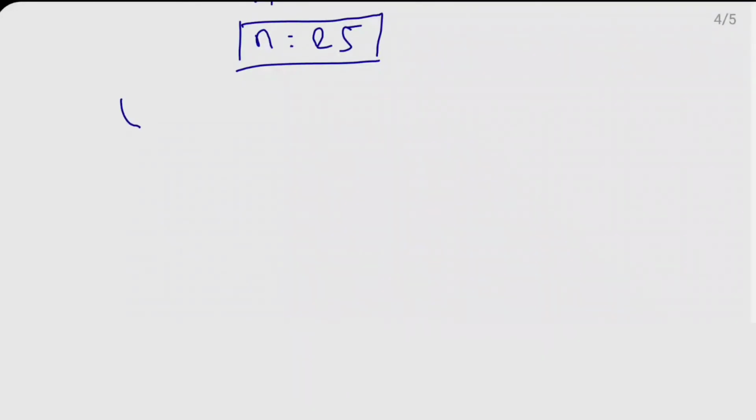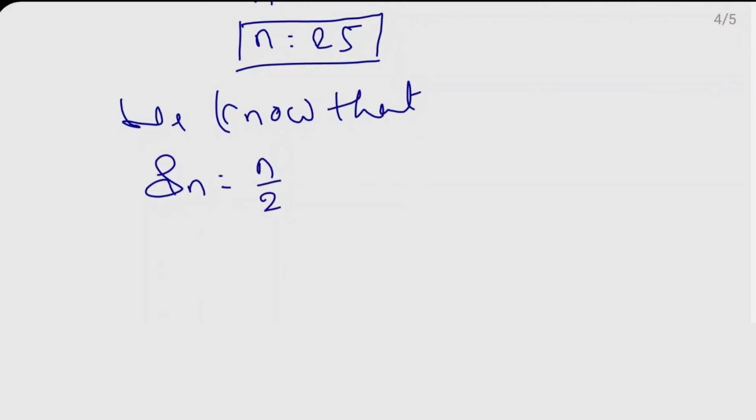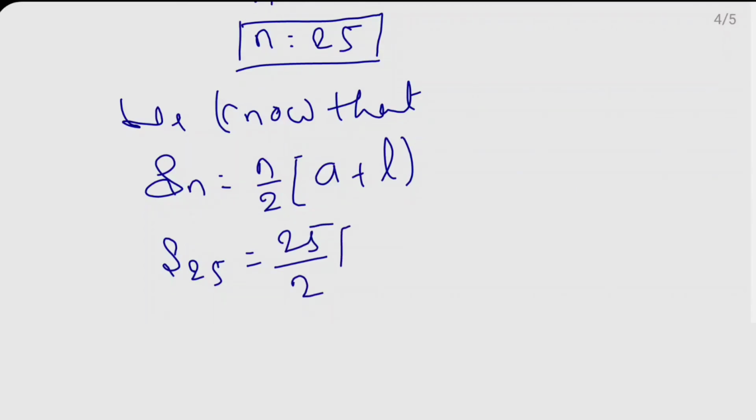So we know that Sn equal to n by 2 into A plus L. So here S25 equal to 25 divided by 2 into A, first term is 1, plus last term is 49.